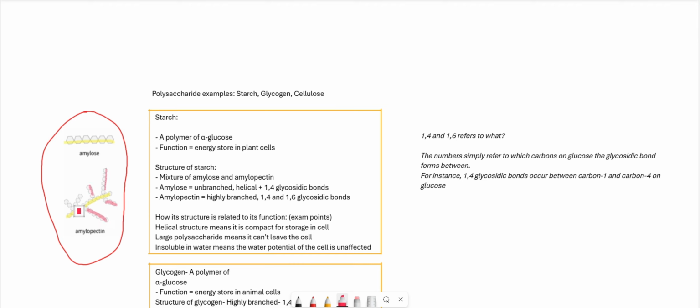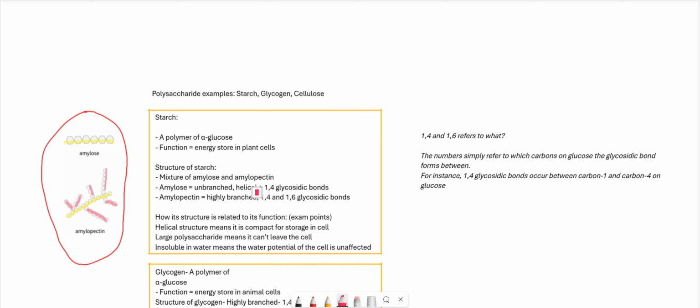These interconnections are basically the branching, and this branching is very important, and it contributes to its structure and its function. This is the reason why we call amylose unbranched, because it doesn't have these red connections to the main linear chain, whilst amylopectin does.